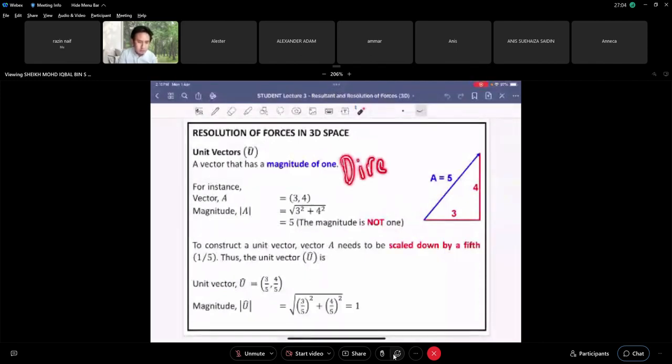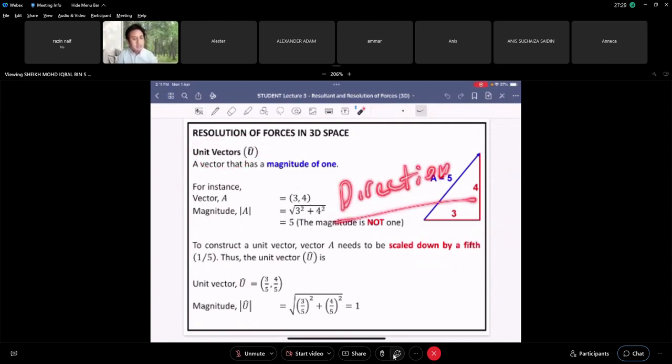A unit vector is a vector that shows you the direction of that force. That's about it. The sole function of a unit vector is just to show direction.